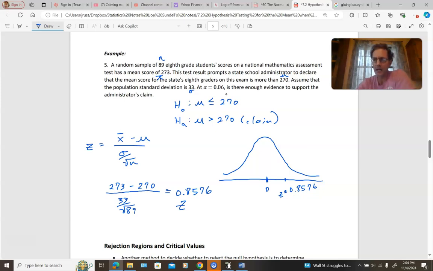And remember, the type of test that you're going to be performing is dictated by the alternative hypothesis. So if this says greater than, we're performing a right-tailed test. If you remember that trick I told you, the direction in which this inequality symbol is pointing is pointing to the type of tail test you use. So it's pointing to the right, and we're going to be performing a right-tailed test.